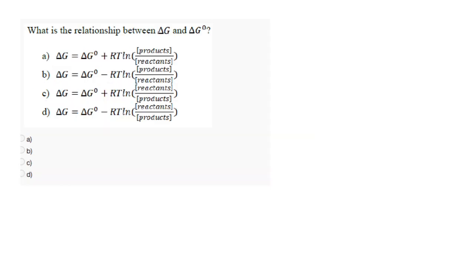Which relationship between delta G and delta G naught is correct? Delta G is equal to delta G naught plus RT ln product upon reactants, or which equation is correct?